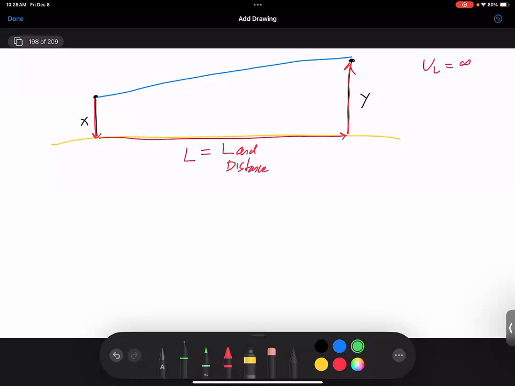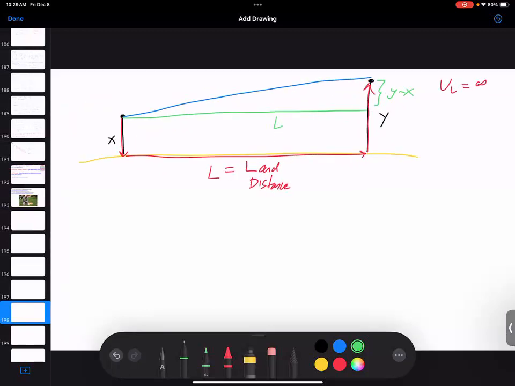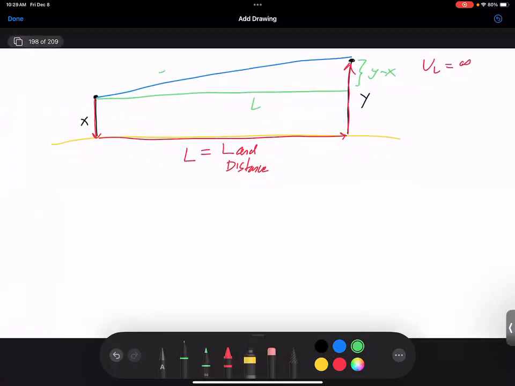Okay, what about a triangle? Good. Y minus x, so y minus x and L. So what's the length of the blue? It's going to be the square root of y minus x squared plus L squared.